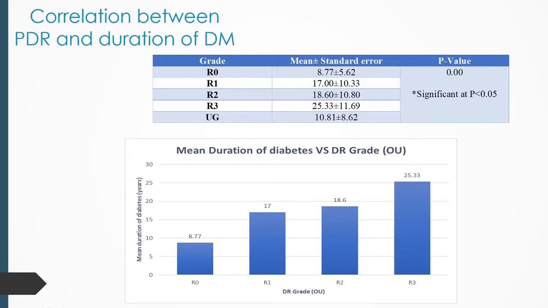These values were then plotted on the graph shown below. You can definitely see that as the number of years since diagnosis goes up, the risk of developing proliferative diabetic retinopathy increases.